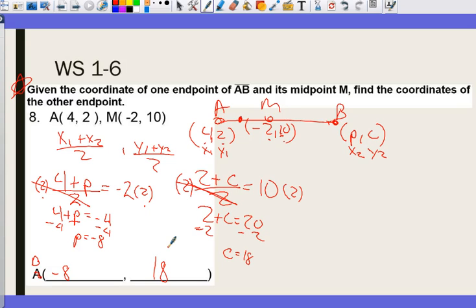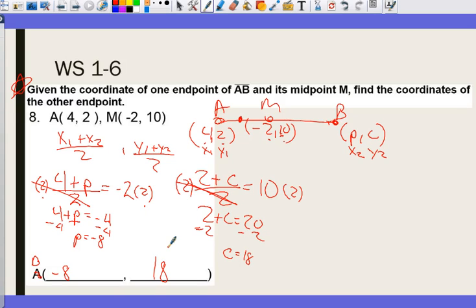So if you wanted to solve this one out, we know our midpoint is at 2. We know our A is at 0. We know the formula is x1 plus x2 divided by 2 is equal to the midpoint, right? The midpoint was at what? 2 in this example. Our x1 was 0 plus our x2. We don't know what our x2 is. So we're dividing that by 2.